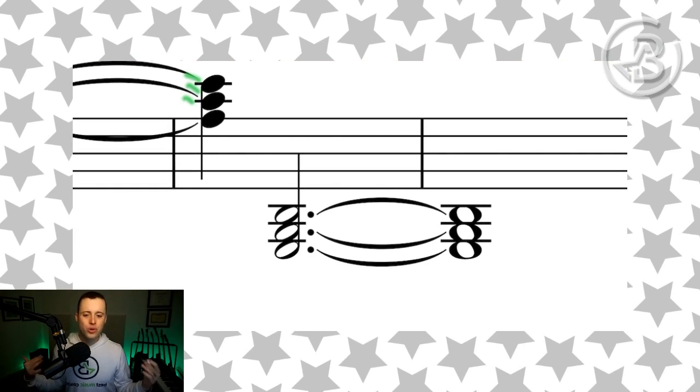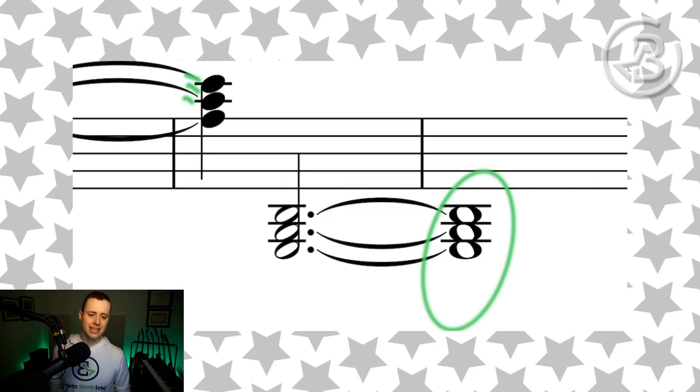And then you can apply the same rules if we have whole notes, for example if we're tying to or from whole note triads. You can use the rules for writing stem triads to know whether the stem would be up or down. And that rule is whichever note head is the furthest away from line 3 is going to decide whether it would be stem up or stem down.